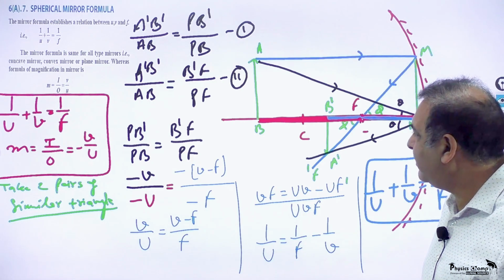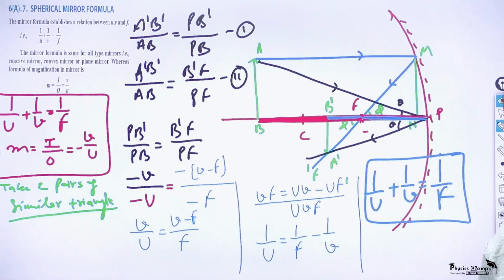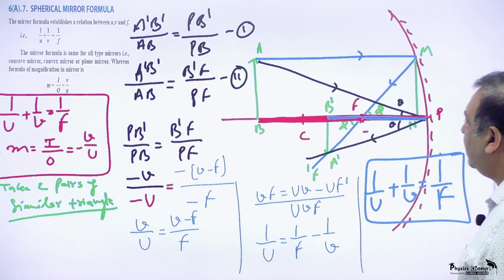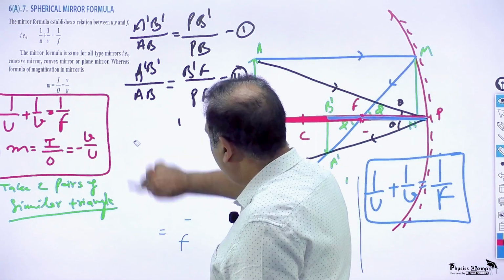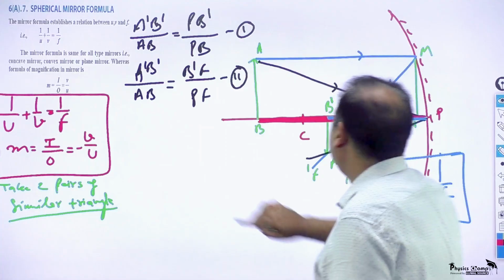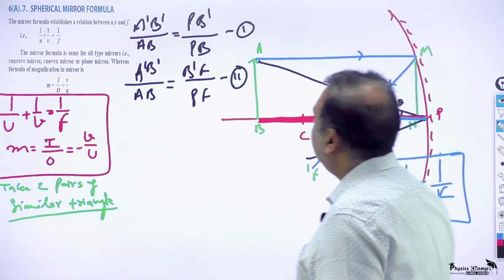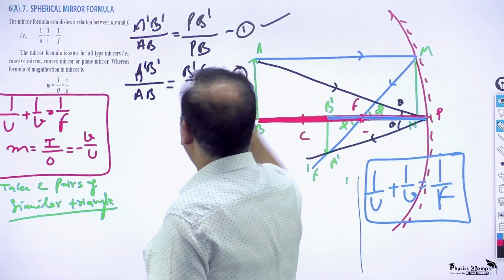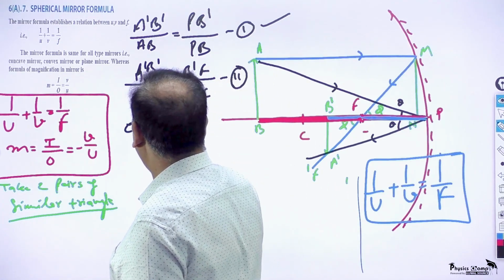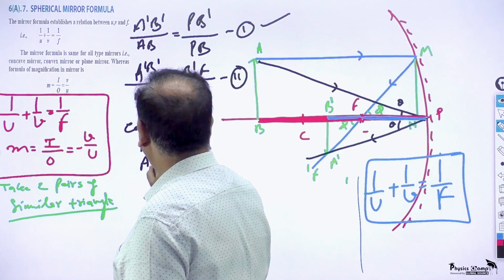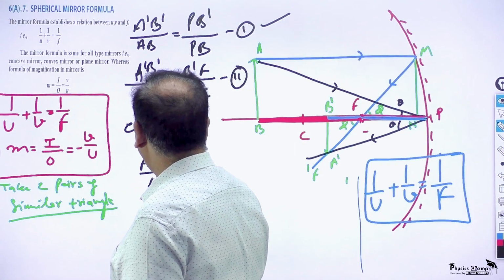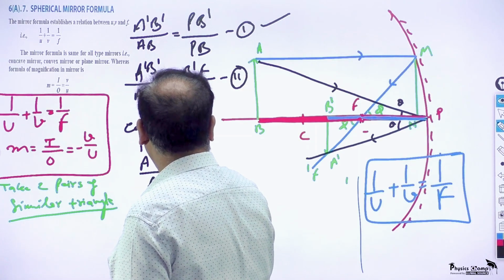And let's look for the magnification now. For magnification, I'm using one of these equations that we have received. For magnification, I use, say, equation 1. Equation 1: A dash B dash by AB is equal to PB dash by PB.